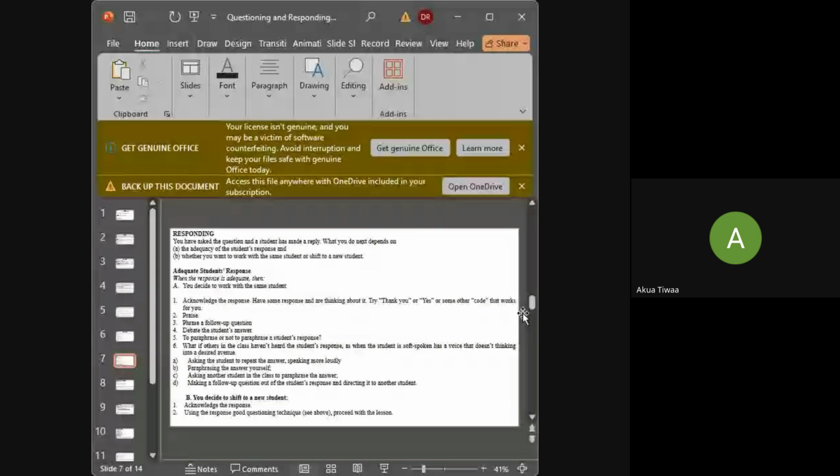So let's look at if you want to work with the same student, the person has given you an answer, and it is adequate. That is what you want. So you decide to work with the same student, and you acknowledge the response. The person has gotten the answer, so you acknowledge the response.